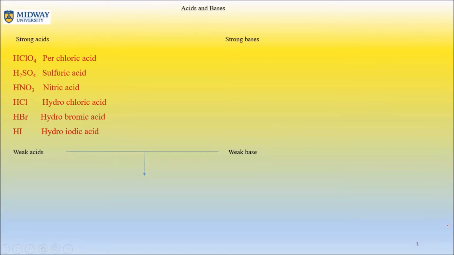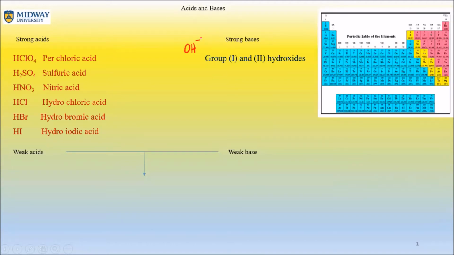Okay. Similarly, strong bases. Now, I won't quiz you this way, but there are ways for me to test you to relate your Chem 170 material. Now, strong bases are group 1 and group 2 hydroxides. Okay. Now, as I mentioned, hydroxide is OH minus. Okay. And what are group 1 and group 2? Well, that's why I have the periodic table.